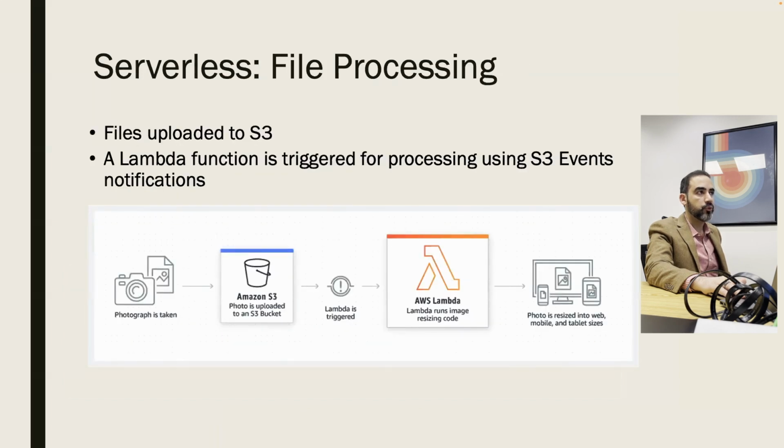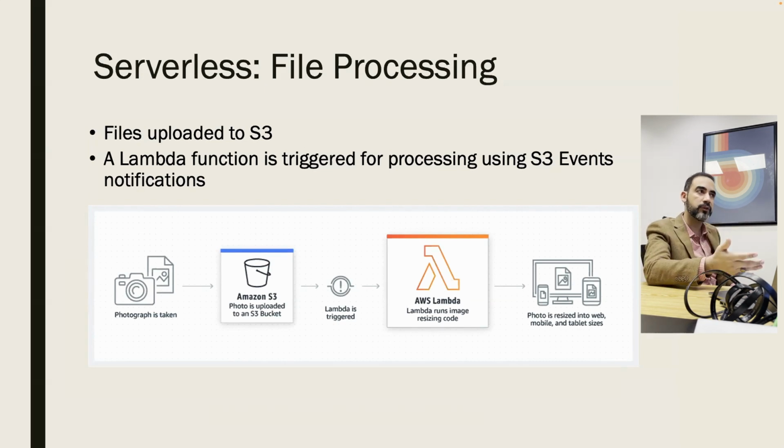Now I'm going to skim through these. Okay. File processing. If you are building a file processing application, you could use S3. You upload files to S3. S3 has event notifications. For example, whenever an object is uploaded to S3, notify me.